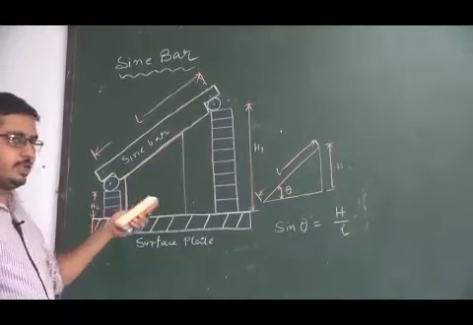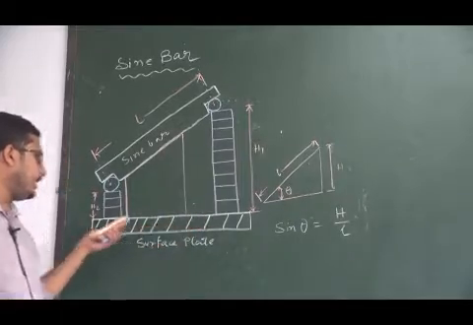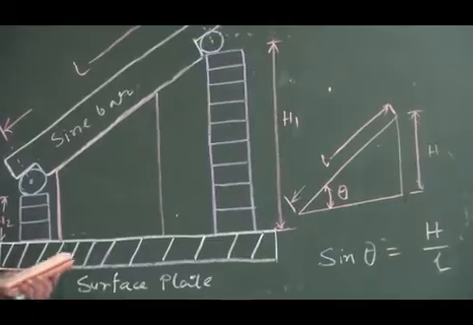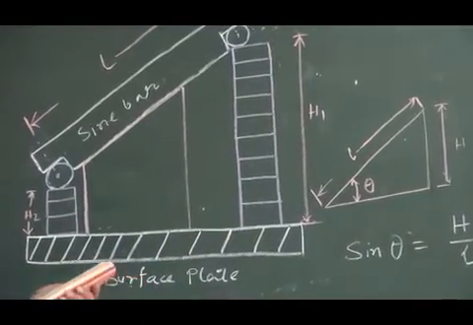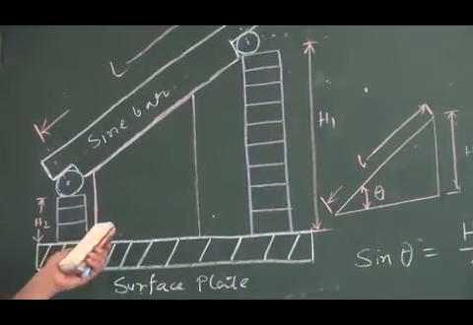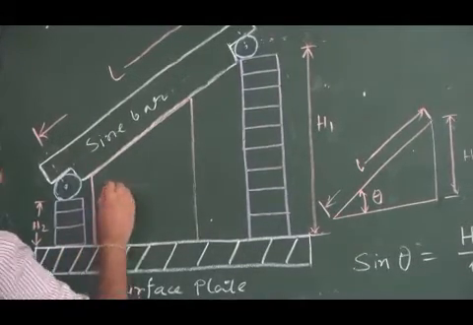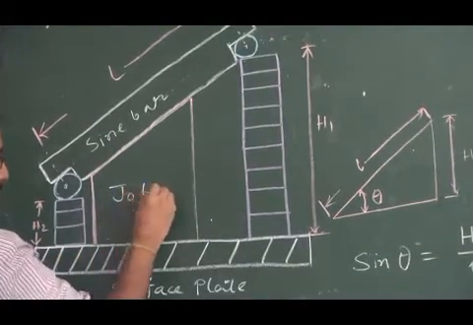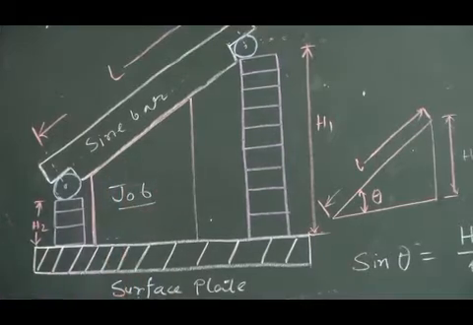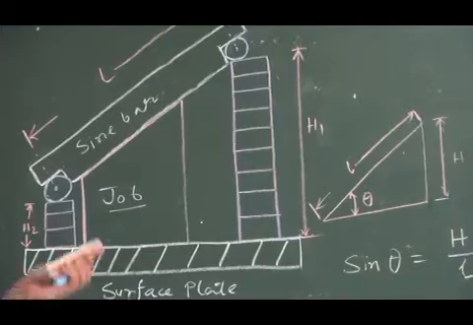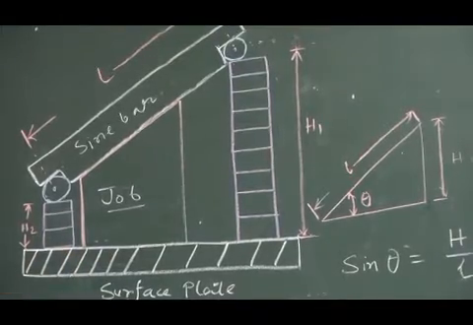This slip length is put over a surface plate, and over this surface plate we also hold this job. This is the job or workpiece, the piece whose angle we are going to measure.